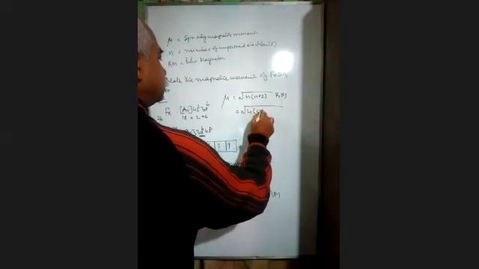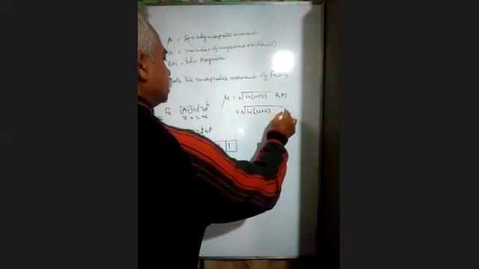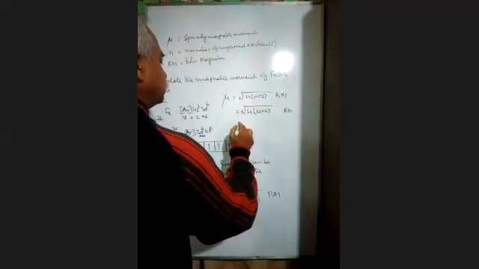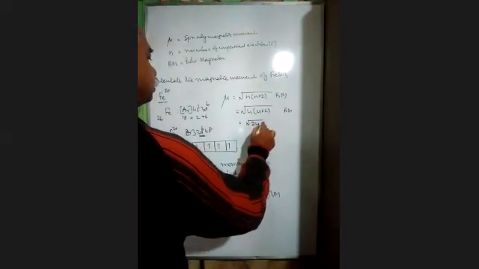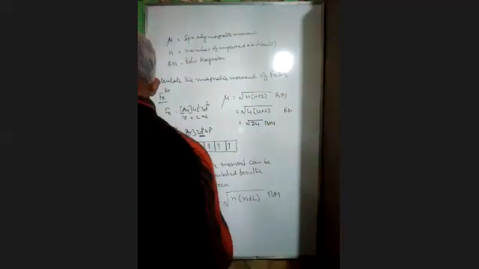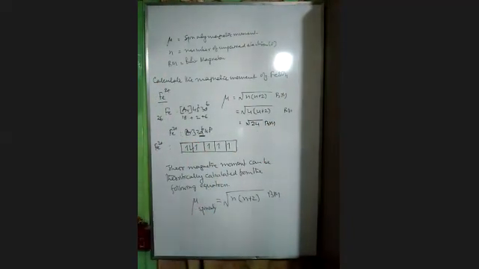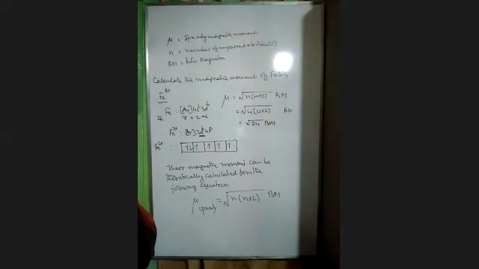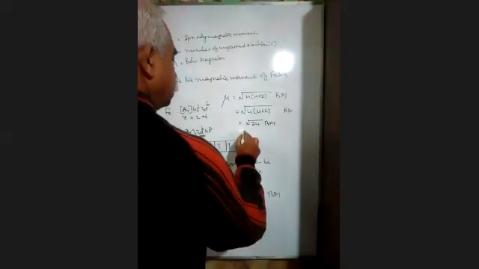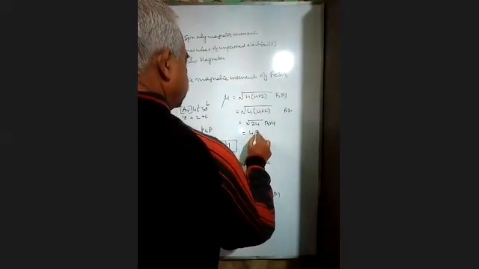So 4 into 4 plus 2 BM. Okay. So how much does it come? Root over 24. So it is equal to 4.90.